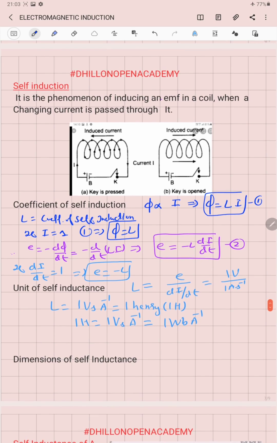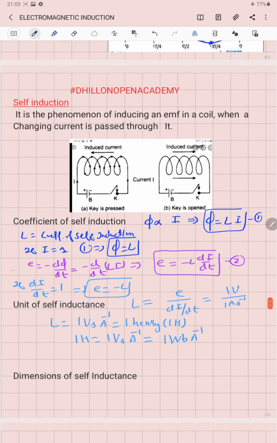Last, the dimensions of self-inductance. We know that L is equal to phi over I. Phi is equal to BA, over I, and B can be written as F over QV, because F is equal to QVB sine theta. Sine theta we are neglecting because it is a dimensionless quantity.